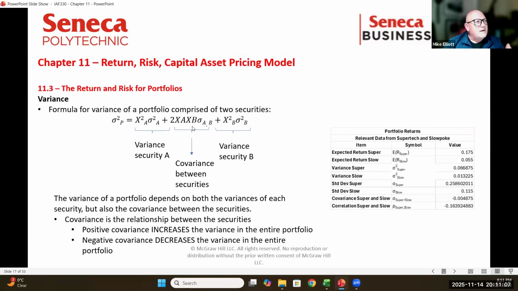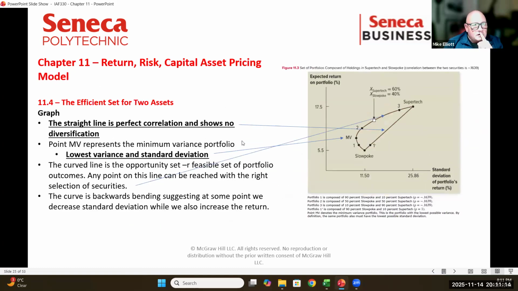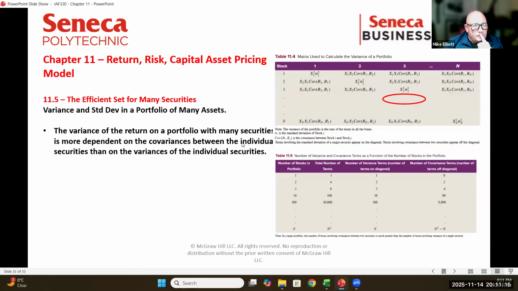We're looking at 2 times the covariance and 1 time the individual variances. So that gives us our clue here. The variance in the portfolio has more to do with the covariances than the individual variances because we're using 2 times the covariances, right?